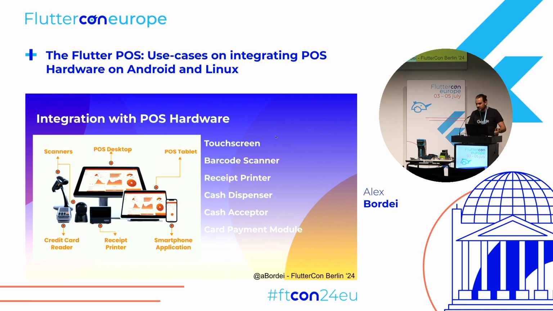So we have the touchscreen, so we need Flutter to have support for the touchscreen. Thank you, Hannes, for the support for Raspberry Pi. It is perfect. He created a driver, slightly changed, that renders directly for the FPS of Flutter on Raspberry. A barcode scanner, a receipt printer, a cash dispenser, a cash acceptor, and a card payment module. Okay, good.